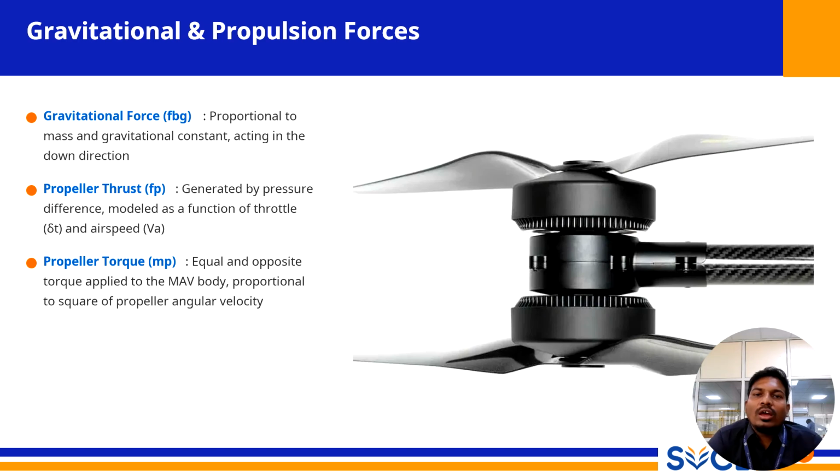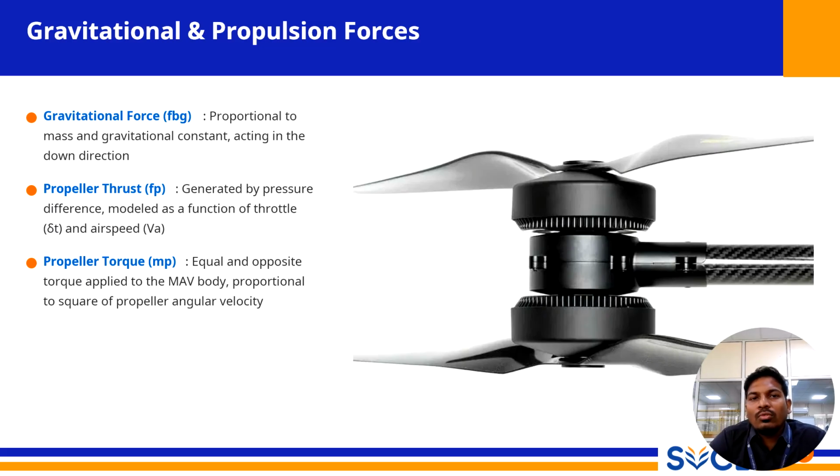Next, we have the force generated by the propulsion system, which for the multi-rotor MAV means the propellers. The primary force is the propeller's thrust, Fp. This is the lift force generated by the pressure difference created by the spinning airfoils of the propeller blades.